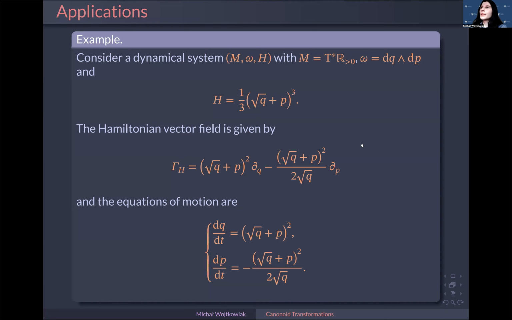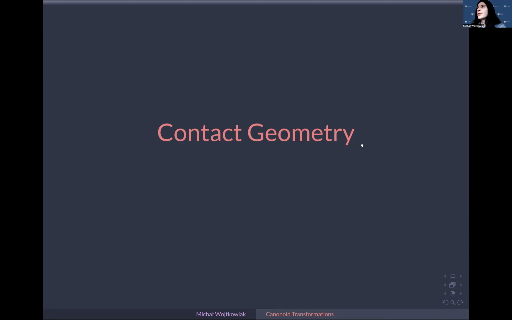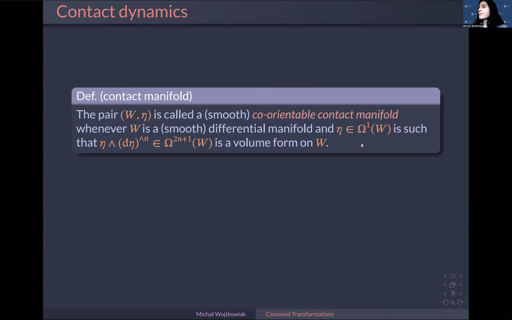If we have some energy losses, then we are missing a dimension to describe it. So contact geometry seems like the natural next step. And here we do have a lot of analogs from symplectic geometry.